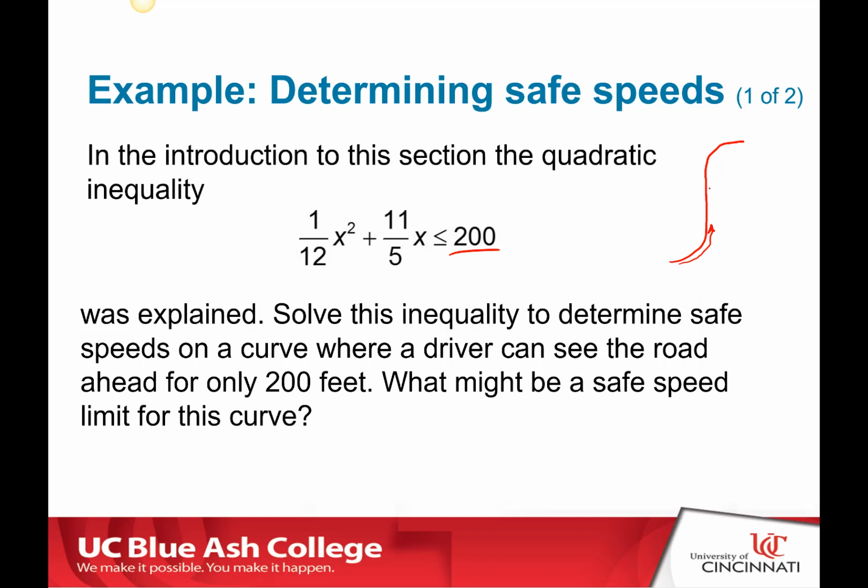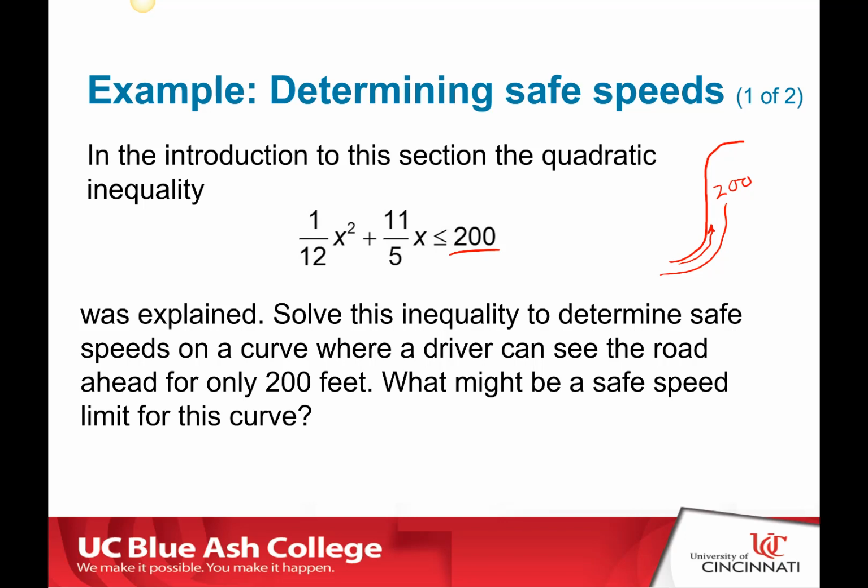Now in this straightaway, there's only 200 feet before you encounter the next turn. So you've only got 200 feet to get your car positioned, speed up, slow down, whatever it is you feel you need to do to get ready for that turn. And the question is, what is a safe speed through this area to ensure that you're not going to go off the road when you hit the curve up here? Make sense?